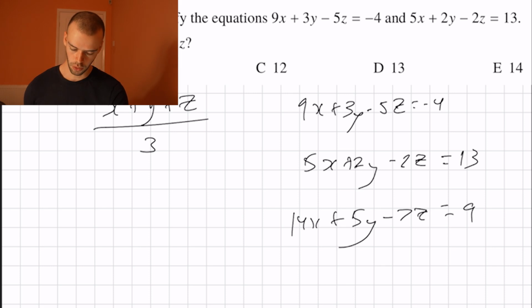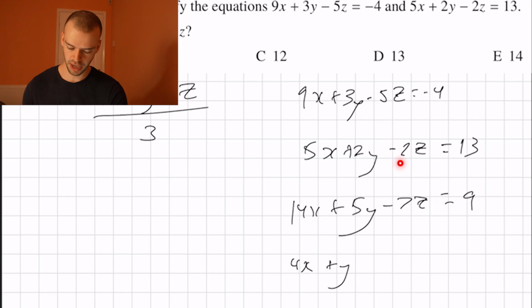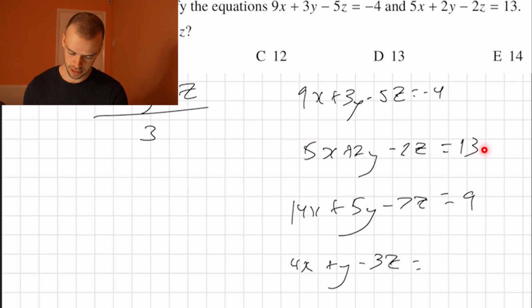Okay, what happens if instead I subtract this from this? What would I get then? Well, I would get 4x plus y, be careful here, minus 5 minus minus 2, that's going to be minus 3z. And then minus 4 minus 13 is minus 17.